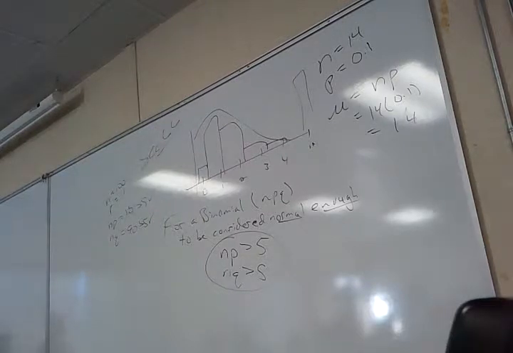I can't use the number 6 because the number 6 doesn't exist. If I shade starting here and shade down, do I include the 6? Yes. I don't know if you guys can see it well enough over there. Did I include the 6? No. Where do I have to start so I include the 6 bar? 6.5. Cool.